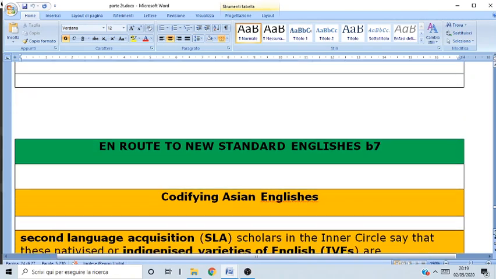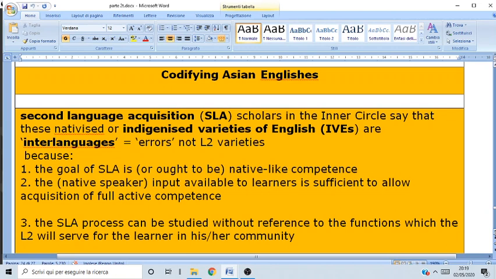So we finished off that class looking at the idea of some scholars who speak of second language acquisition, that consider all these varieties of English not as varieties of English, but as interlanguages, meaning a language that is just made up of mistakes.